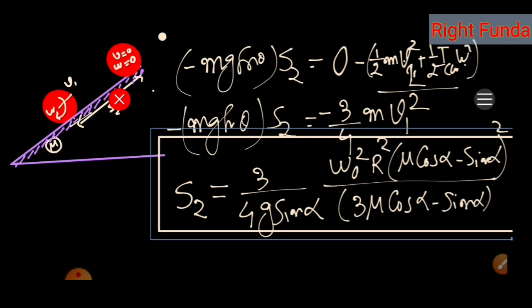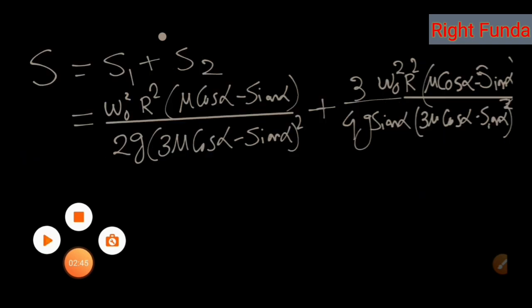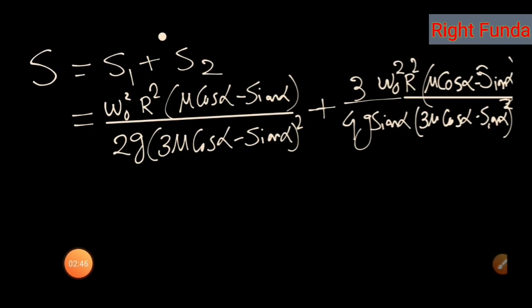So S2 we have calculated, and S1 we calculated earlier. If you add S1 plus S2, we get the total maximum distance the body goes up the incline.